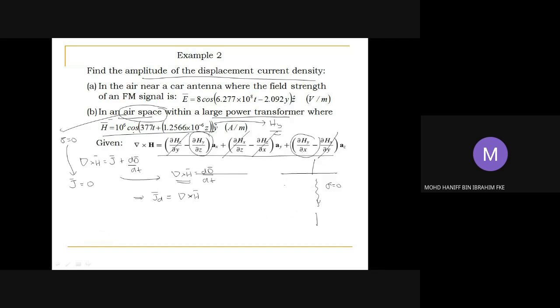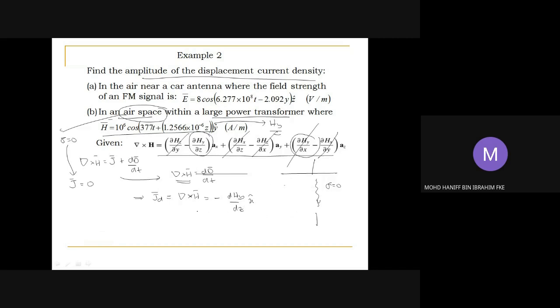If we base on this equation of the H field, we have a variable of Z only, which means that there is no variable of X. So again, this can also be cancelled out. So we can then simplify that the curl of H for this H field will be negative dHy over dZ, in the direction of X, straight away.